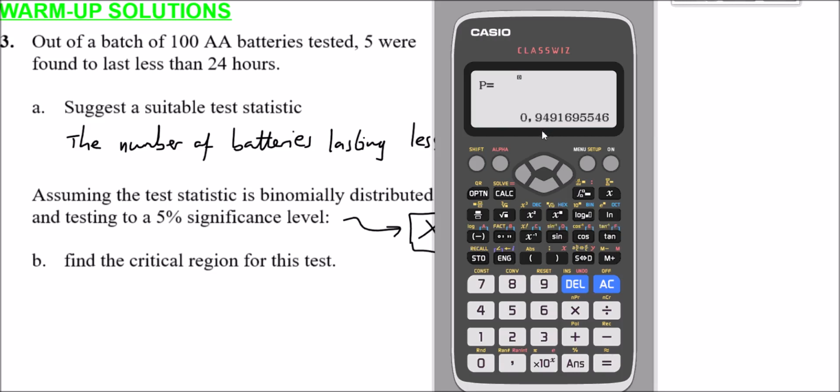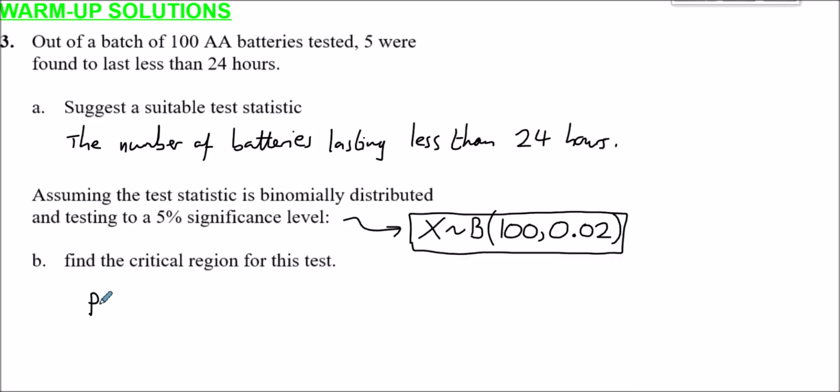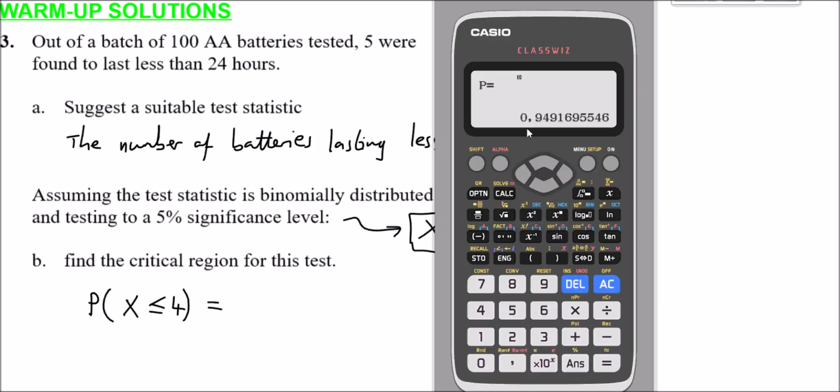So let's just think about what we've just worked out here. We just worked out the probability of up to 4 batteries failing. And we were told that's 0.949.